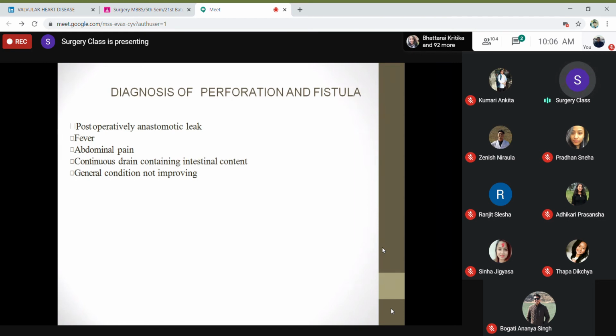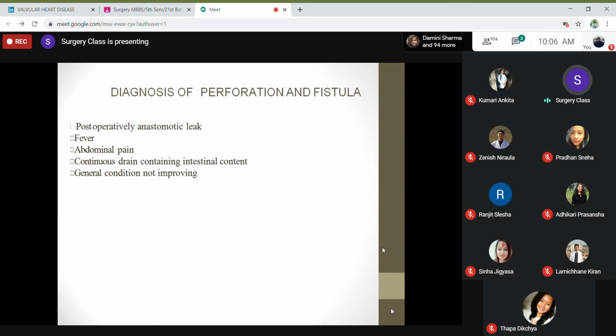So the patient will again have signs of peritonitis: fever, abdominal pain, tachycardia, tachypnea, dehydration, all features of sepsis. The total count will be raised, and the patient will be very, very sick, like a case of perforation peritonitis.